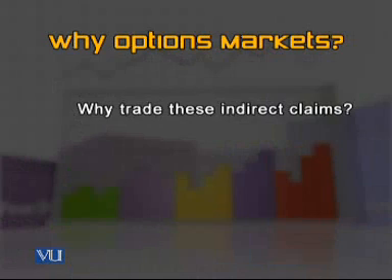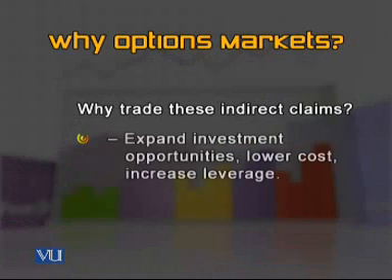So investors have created options to buy and sell with other investors. Question again is, why trade these indirect claims? Maybe expanded investment opportunities, or lower cost, or increase leverage. I just mentioned investors have actually come up with all these brilliant ideas by being able to use one product in a variety of ways.